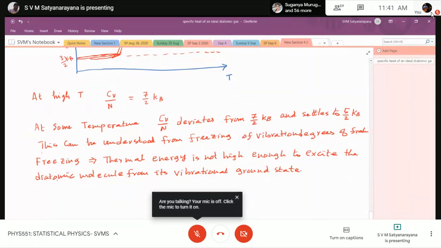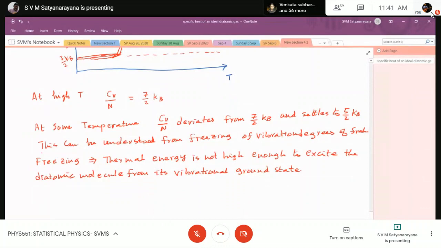But now we are interested in asking what happens to the specific heat as we go from 7/2 to 5/2. Okay. First, recognize that since we are saying that you have a ground state and excited state, we should not work with energy changing continuously. So acknowledge the fact that we now have to work with the quantum mechanical energy levels.